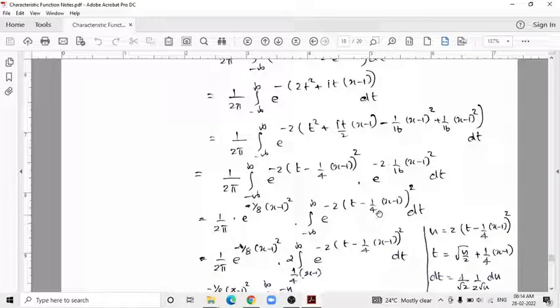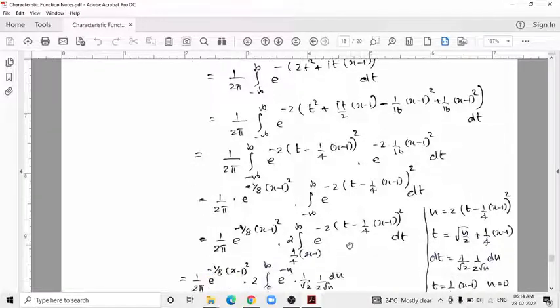Now we have this integral, and that integral is symmetric about t equals 1 by 4 into x minus 1. So that is simply done, integrated by transforming to gamma. Before that we have twice the integral from 1 by 4 x minus 1 to infinity. That is using the property of symmetric integrals: if a function is symmetric about x equal to a, the integral from minus infinity to infinity will be equal to twice the integral from a to infinity.